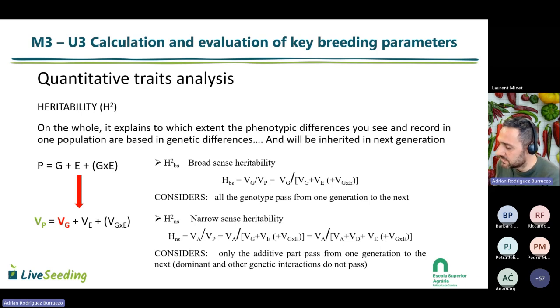In the case where narrow sense heritability is needed, only the additive part is considered. The additive part, which explains the differences among the individuals, is considered and passed from one generation to the next. And this is the reason why it is the only part considered in the ratio against the phenotypic variance. The dominant part and other genetic interactions are not considered because they do not pass from one generation to the other.